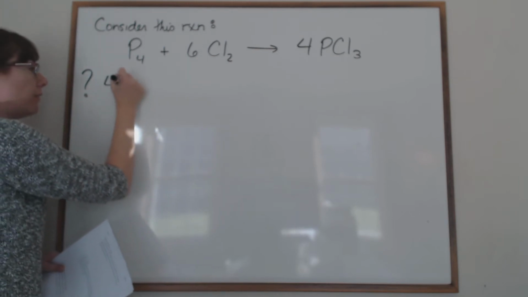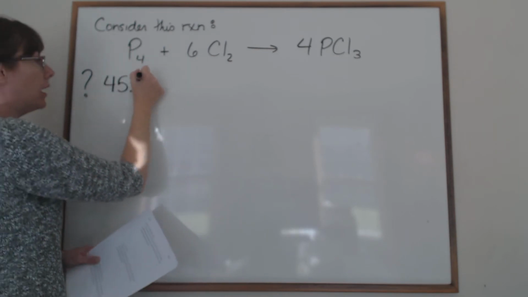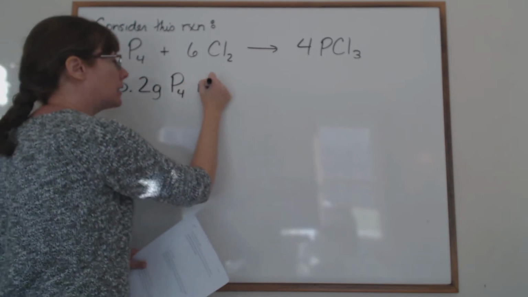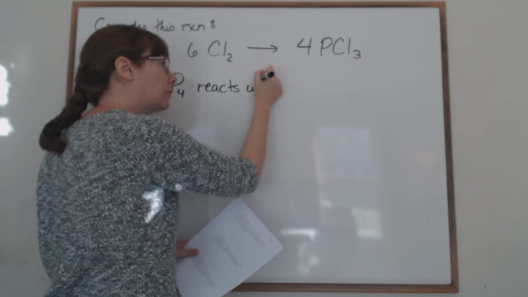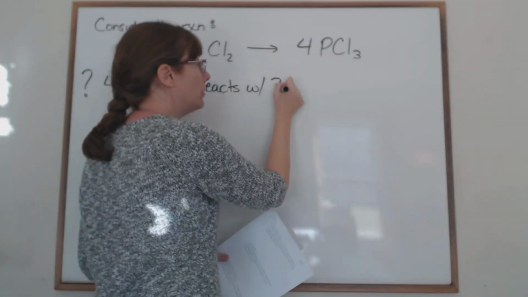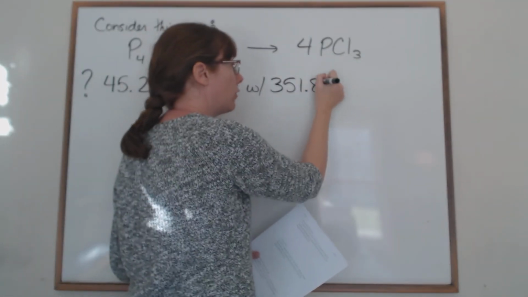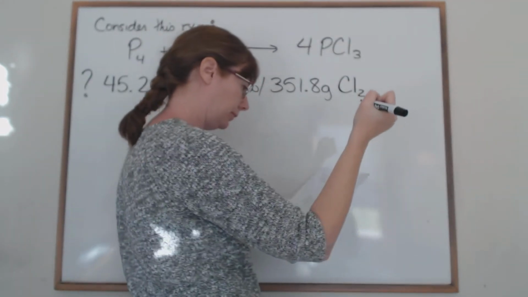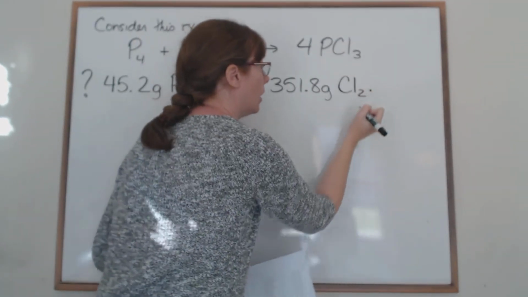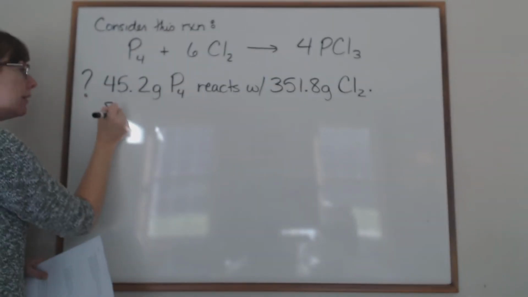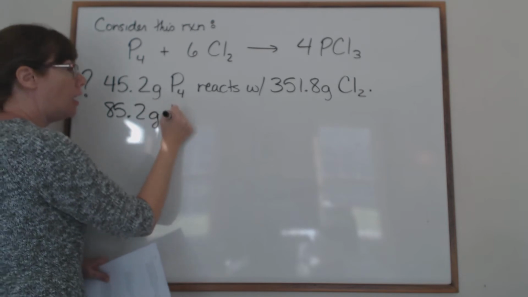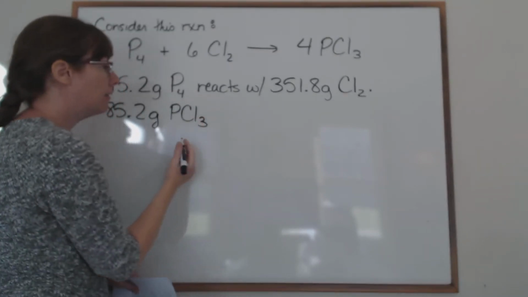Let's go ahead and say that 45.2 grams of P4 reacts with 351.8 grams of chlorine. Period. 85.2 grams of, what would its name be?